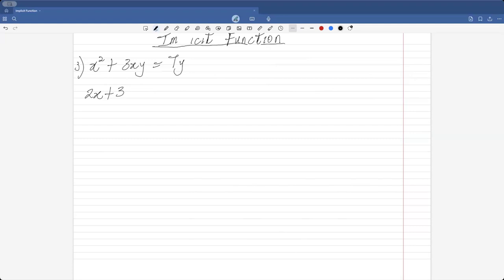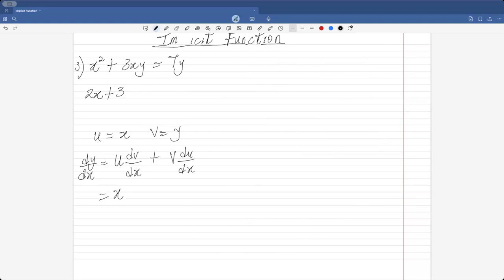Of course we have product rule. If u equals x, then v equals y. So we have our formula here, which is dy/dx equals u dv/dx plus v du/dx. What is u? Of course, u equals x. So what is dv/dx?